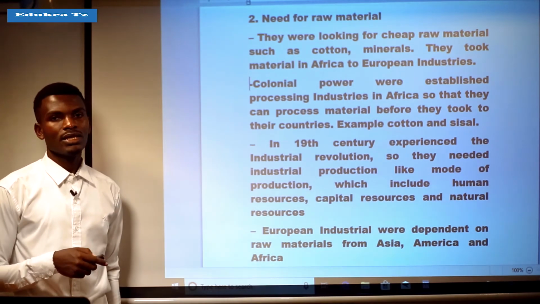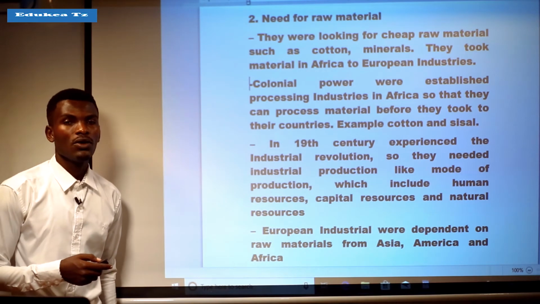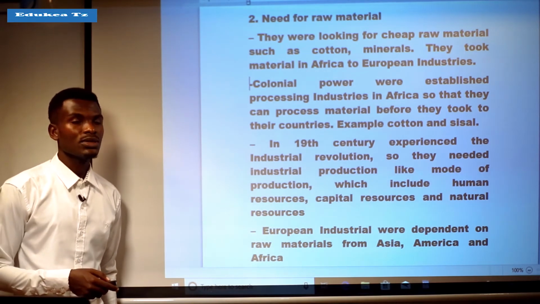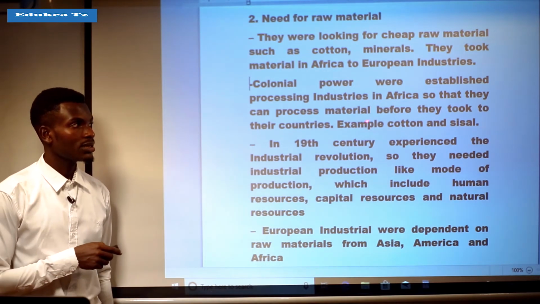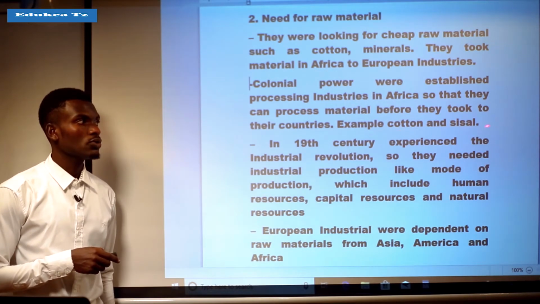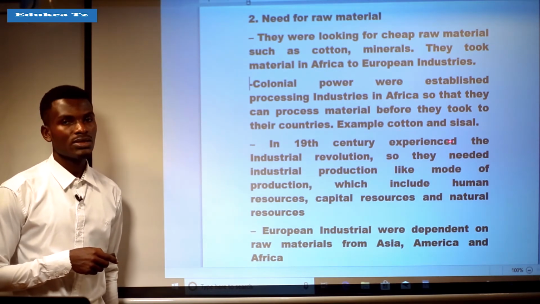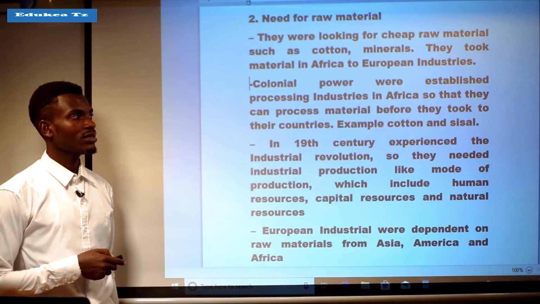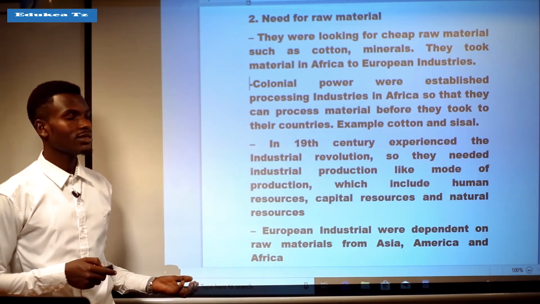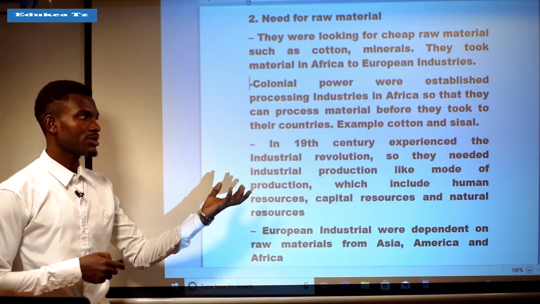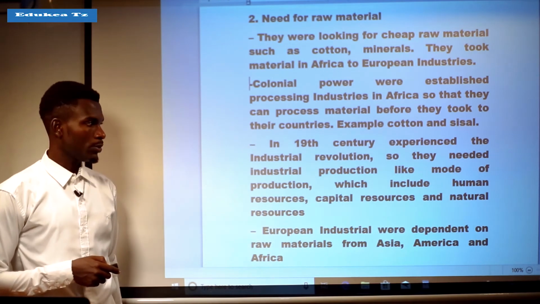Example, cotton and sisal. There was an introduction of processing industries that could process cotton and sisal to reduce the burden of taking the unwanted parts of those products to Europe.